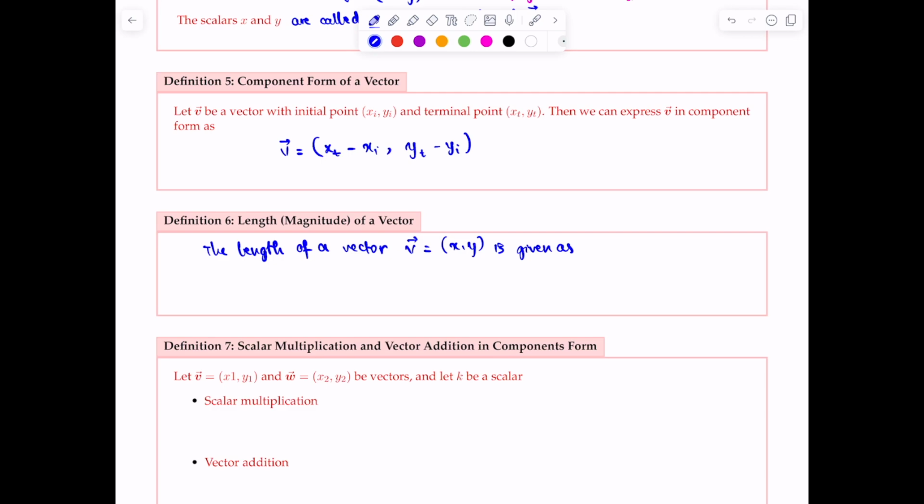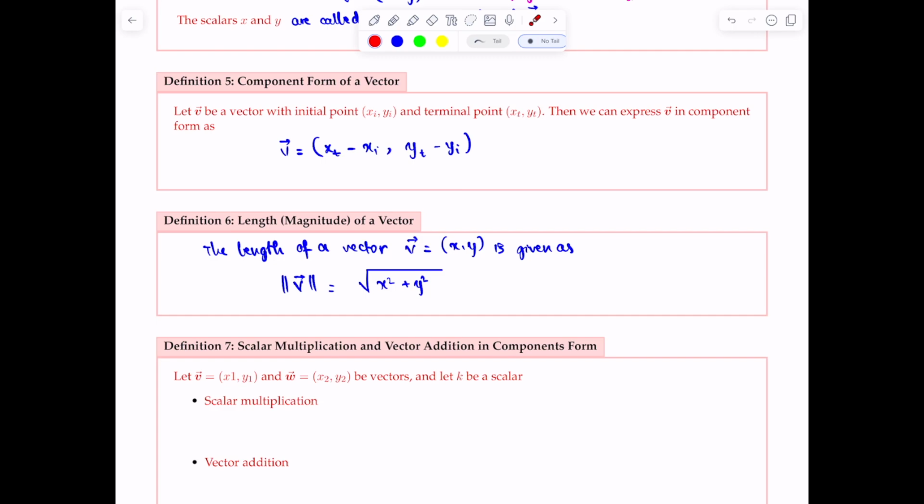So the magnitude of a vector is equal to the square root of x squared plus y squared, given that x is the first component of the vector and y is the second component of the vector.